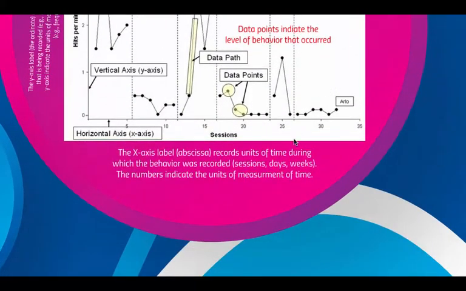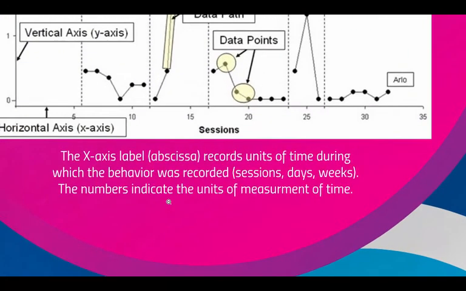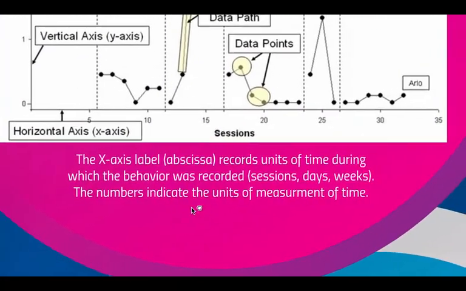The first thing I want to describe on this graph is what's referred to as the x-axis, also synonymously called the horizontal axis, also referred to as the abscissa. So x-axis, horizontal axis, abscissa, those are three words that I want you to recall.